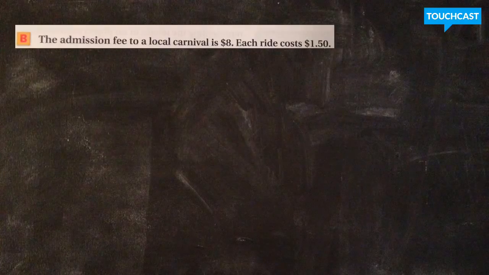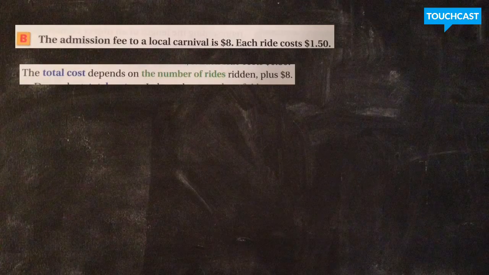Let's look at one more example where we are writing a function. So we have the admission fee to a local carnival is $8 and each ride costs $1.50. So here, the total cost depends on the number of rides ridden plus an additional $8.